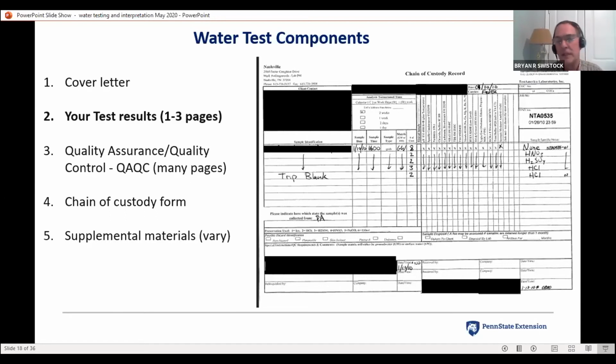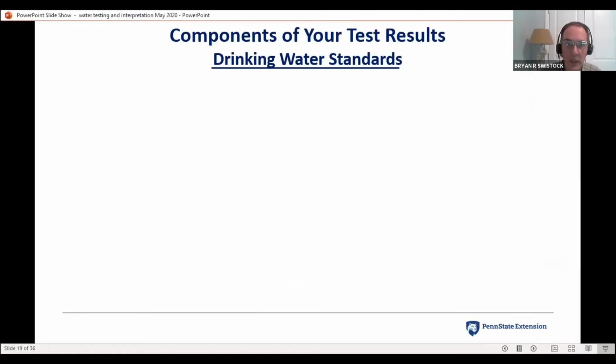And then there can sometimes be supplemental materials. So some companies will put in fact sheets that come from independent organizations. For example, if somebody has methane in their water, they might include a fact sheet from a regulatory department or from a nearby university about methane in water and how to get rid of it. So that varies depending on the situation.